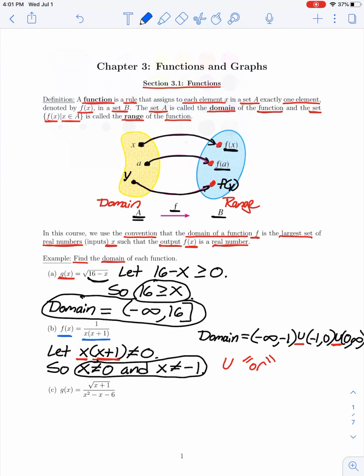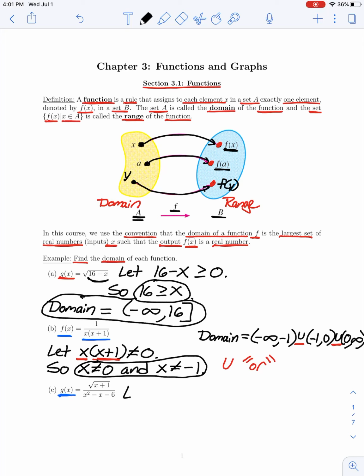Now in our last part of this example, part C, we have a function g of x, which is defined as the square root of x plus 1 divided by x squared minus x minus 6. So here there's a couple of things we need to watch out for. In order for our numerator to be defined, we cannot be taking the square root of a negative number.